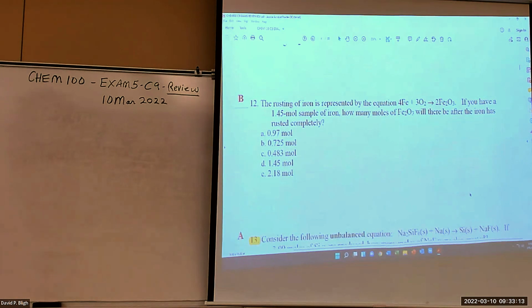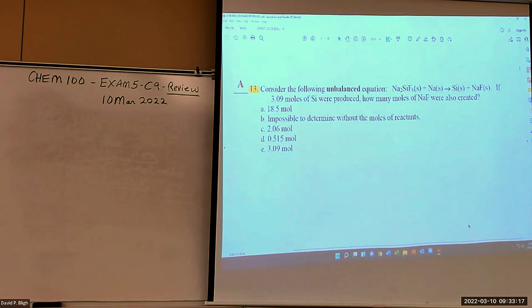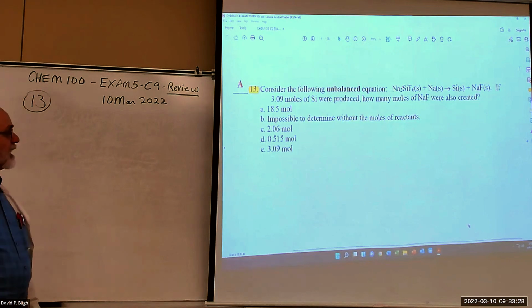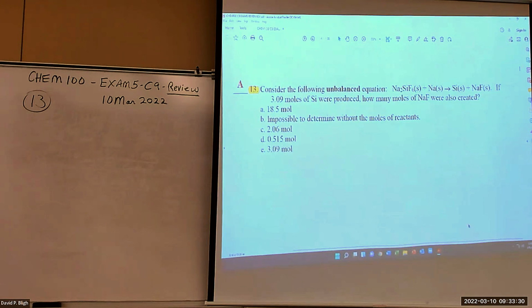And 13. I got to scroll down. Consider the following unbalanced equation. If 3.09 moles of silicon were produced, how many moles of sodium fluoride were also created?